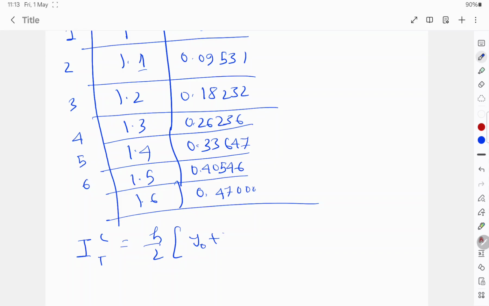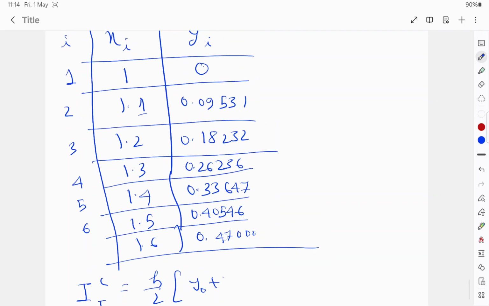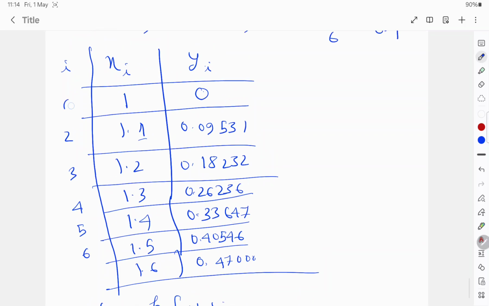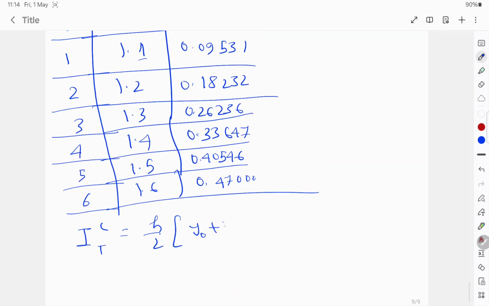So h by 2 times y0 plus y6 plus 2 times y1 plus dot dot dot y5.